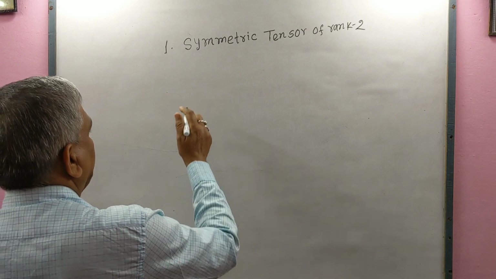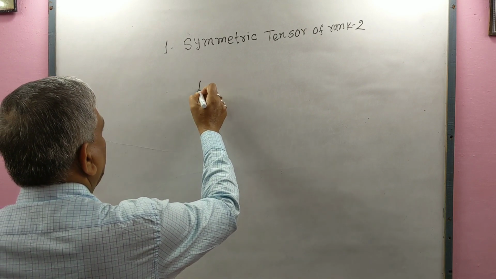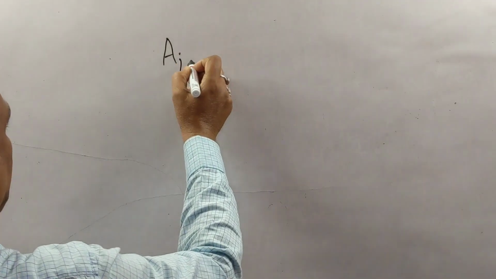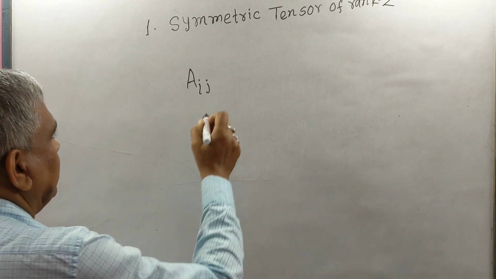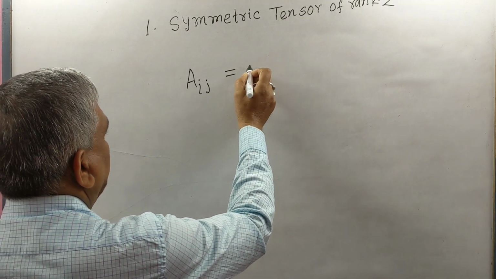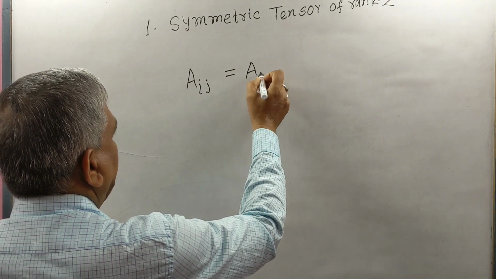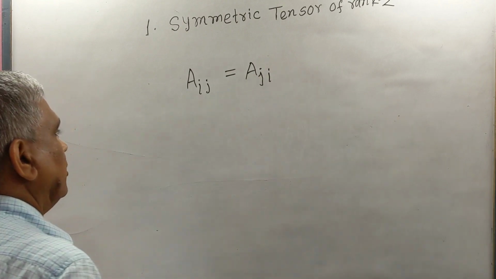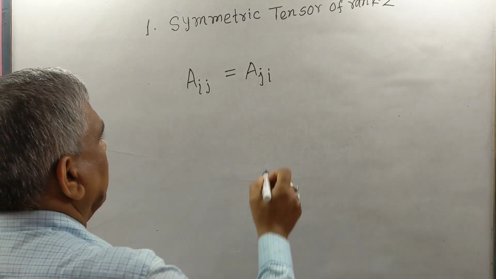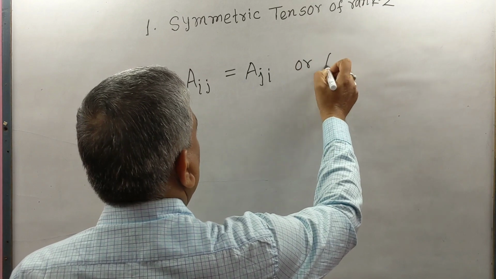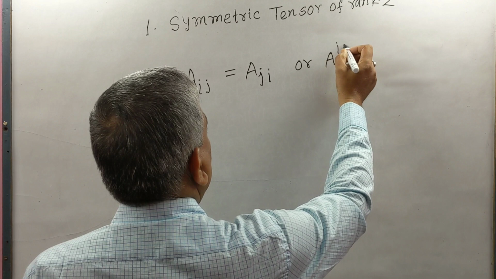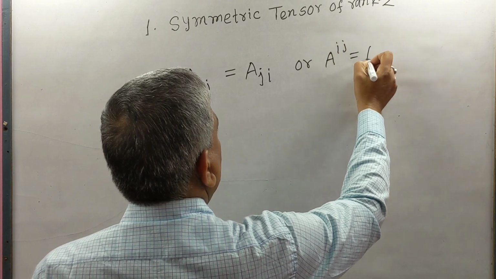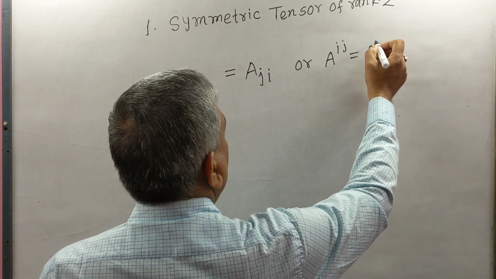A tensor Aij is symmetric in the sense that Aij equal to Aji, or A^ij equal to A^ji.